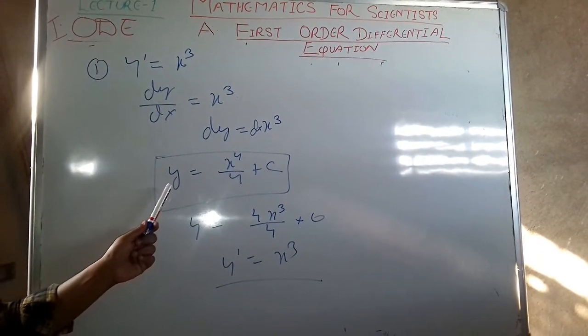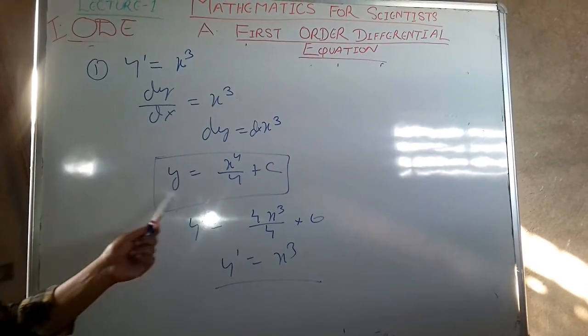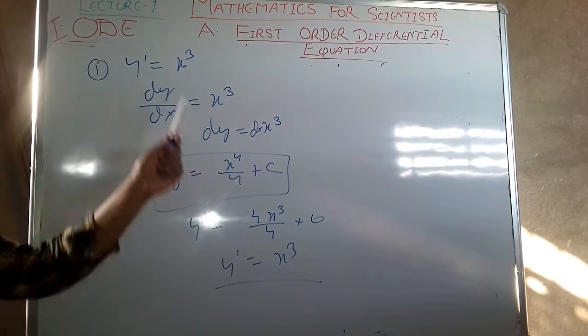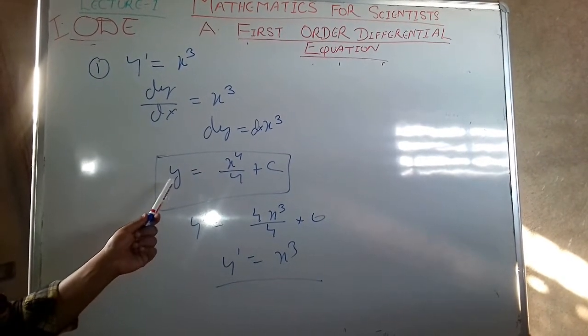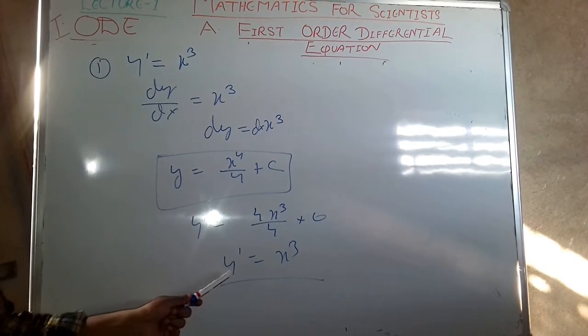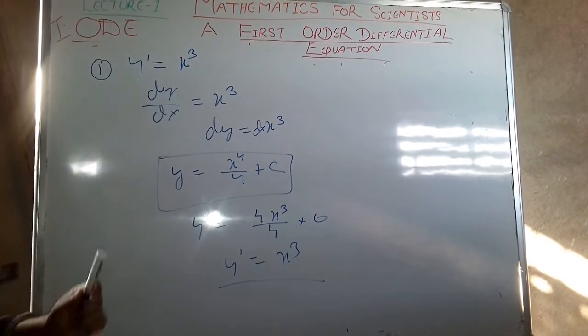So finally we get y = x4/4 + c. This is the solution for this derivative. And how do we verify? We just differentiate this y with respect to x, and we get in return the same function, y' = x cube.